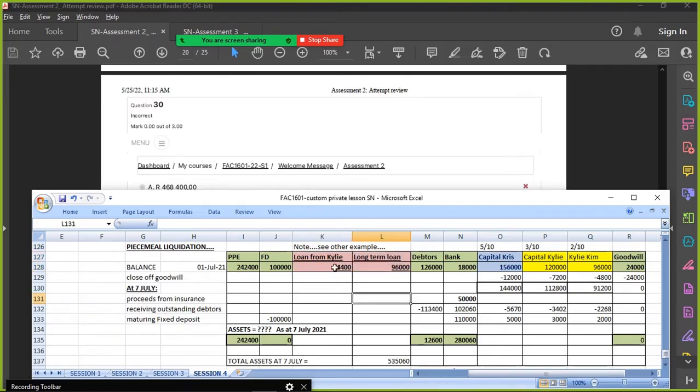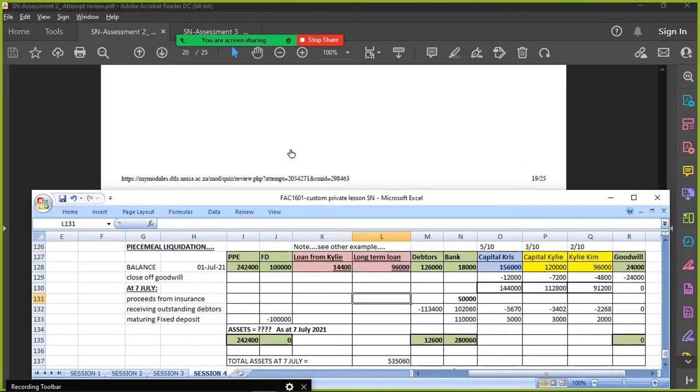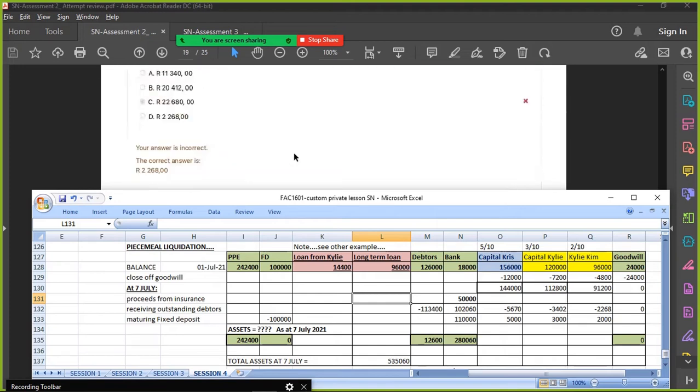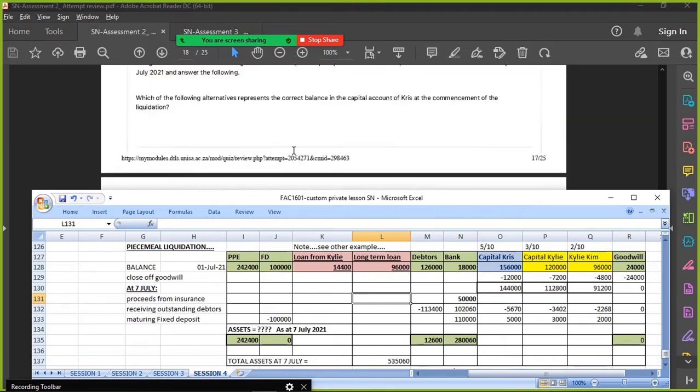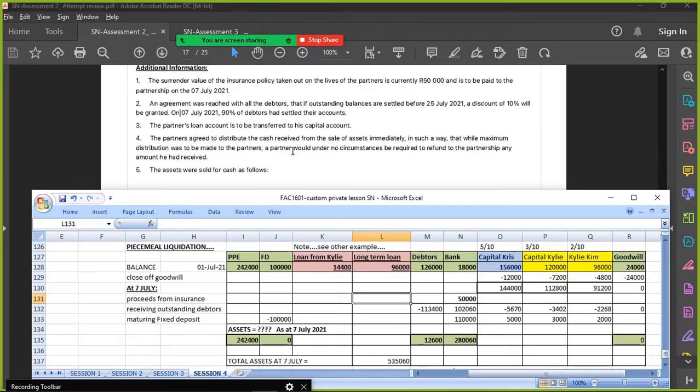Okay, so I need to subtract all of the liabilities, the loans. But remember, I think in the question they said that Kylie's loan must be offset against her capital account. Yeah, the partner's loan account is to be transferred to her capital account. So this loan account is going to be offset against Kylie's account.